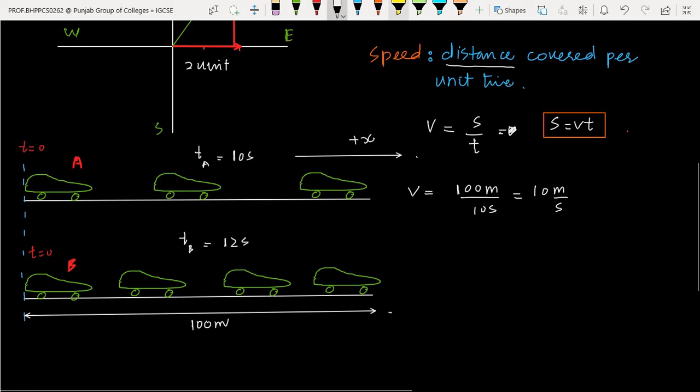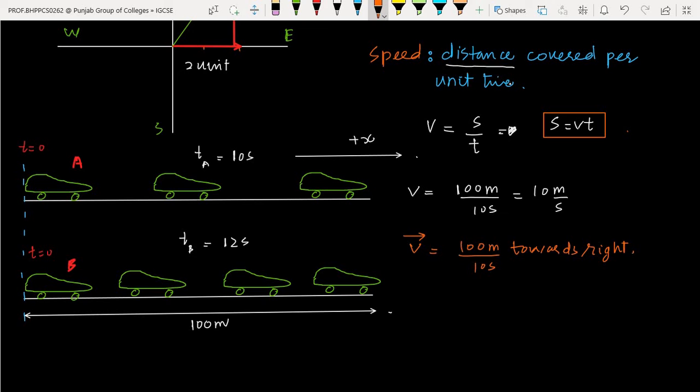But if we ask what the velocity is, it is 100 meter divided by 10 second, and what's the direction? Towards right. I must write it towards right. In your higher classes you will learn about unit vectors as well. So this is 10 meter per second for car A towards right. This is the velocity towards right.